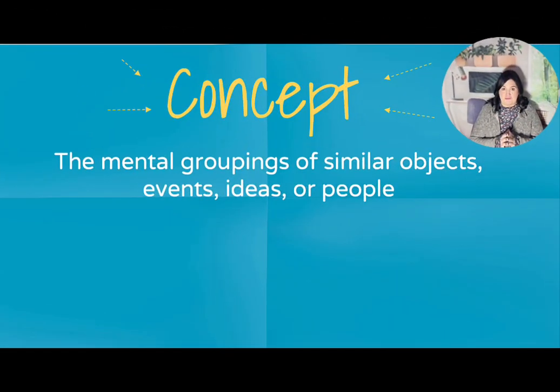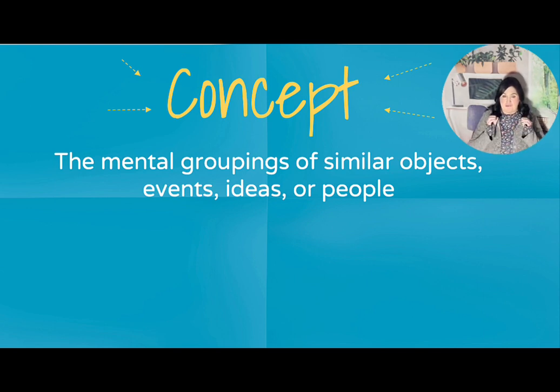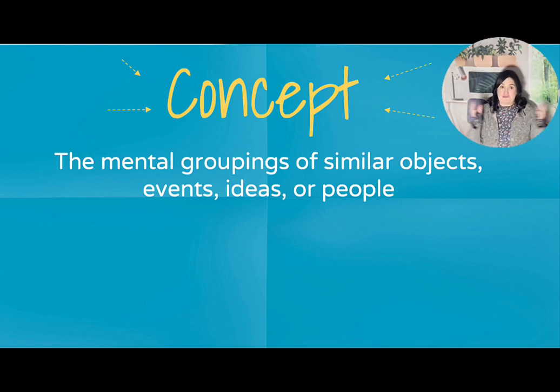The big overarching term that we have to start with is concepts: the mental groupings of similar objects, events, ideas, or people. Let me give you an example. There are a variety of, say, chairs, right? But they all have common features that define the concept of chairs.